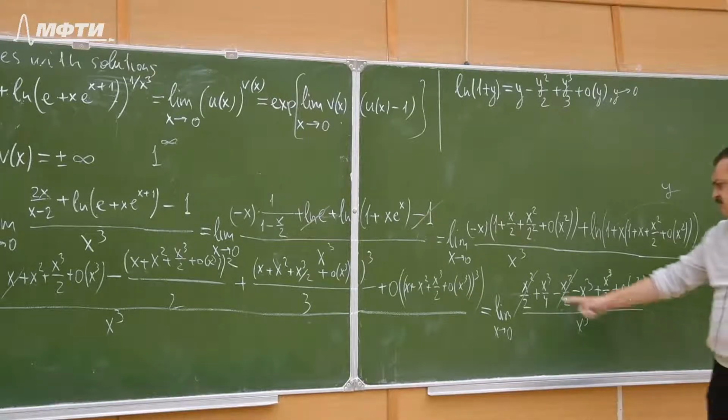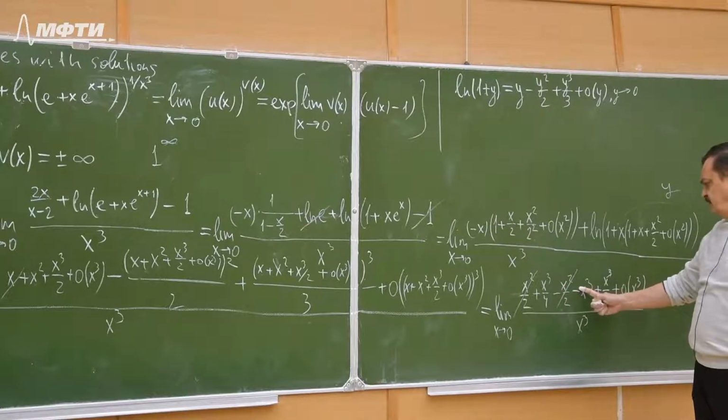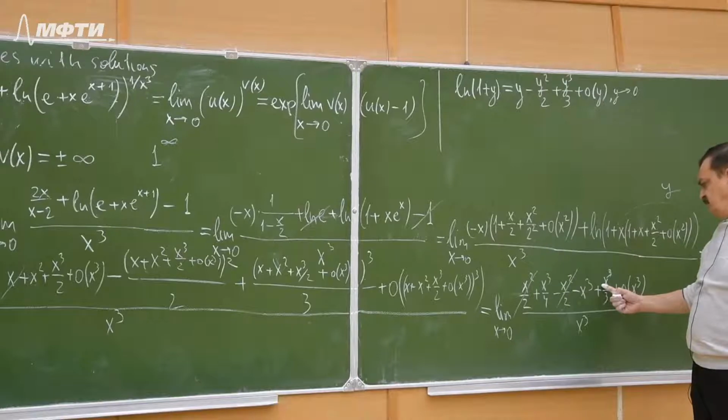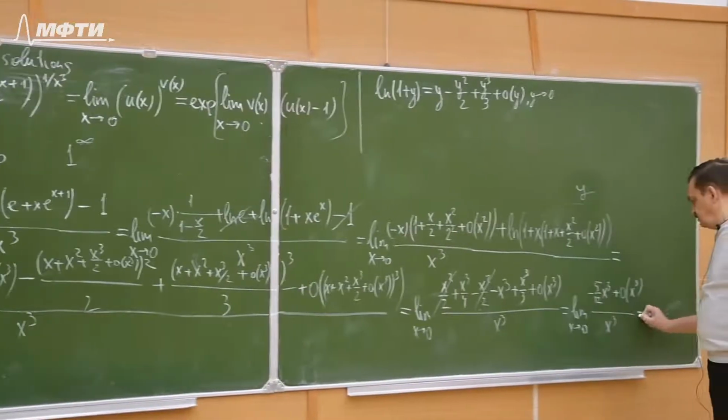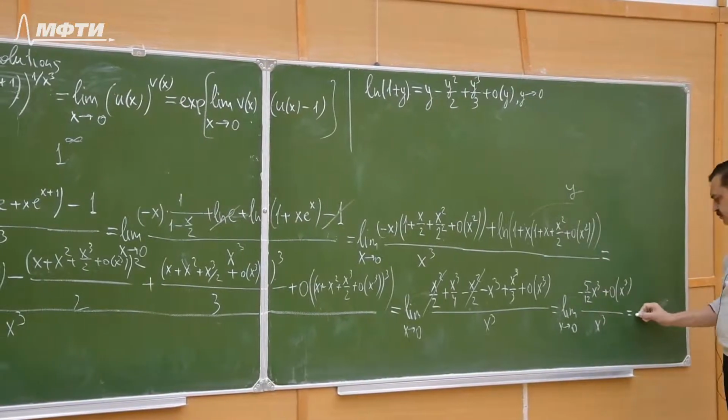So 3 minus 12 minus 9 plus 4 minus 5. And it gives limit as x tends to 0 minus 5 over 12 x cubed plus little o of x cubed over x cubed, and we divide by cube.